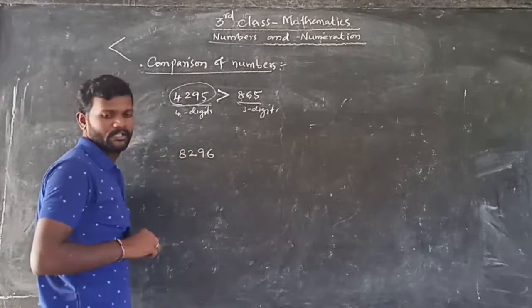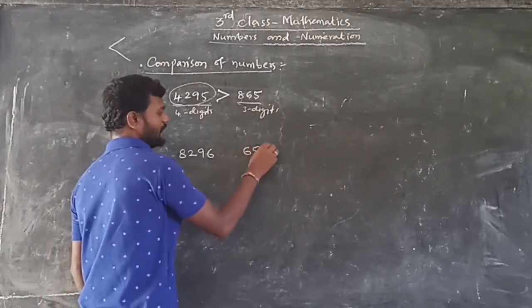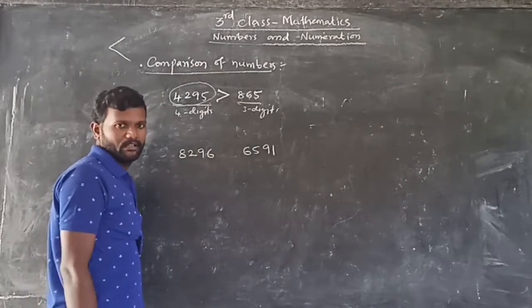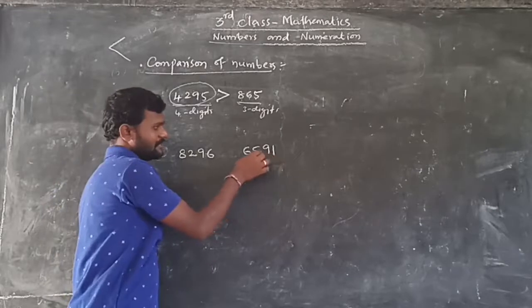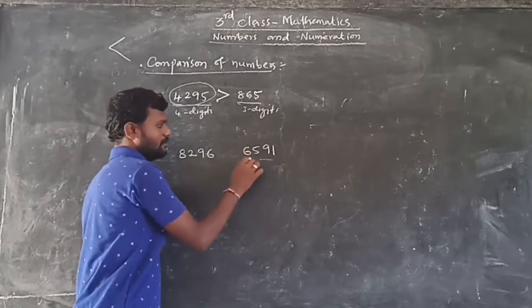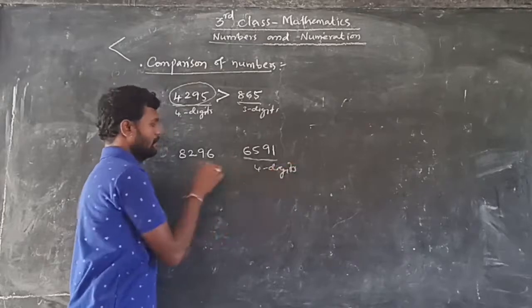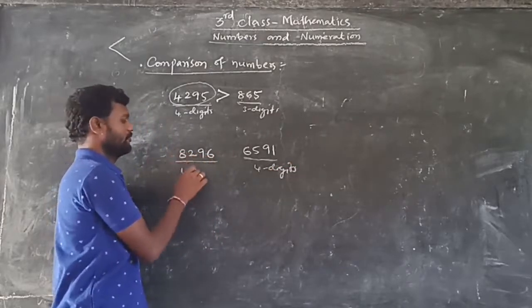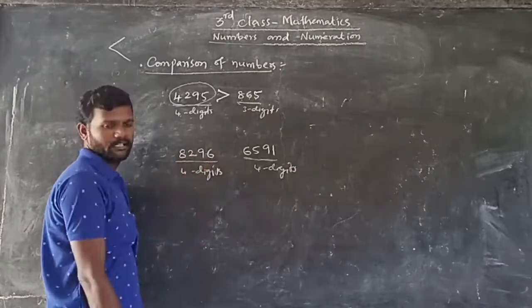And next, if same-digit numbers are given, for example 8296 and 6591, which one is greater here? Ones, tens, hundreds, thousands. It has 4 digits. This one also has 4 digits. The same number of digits.